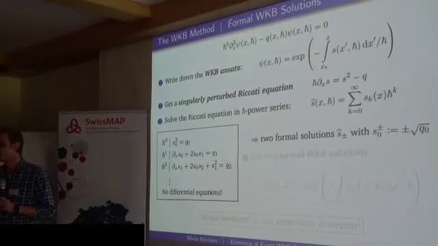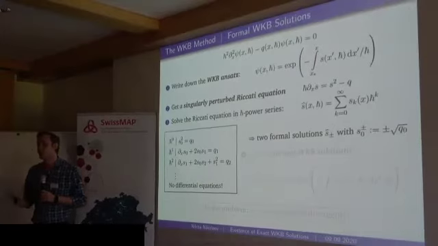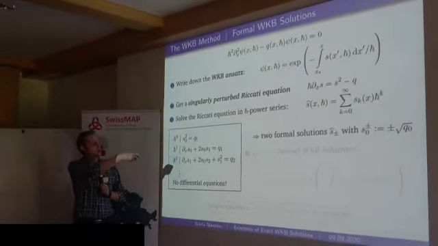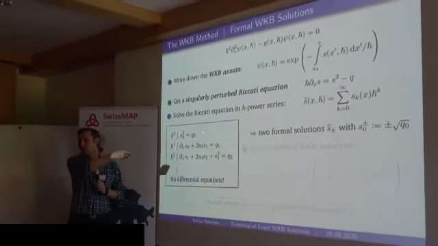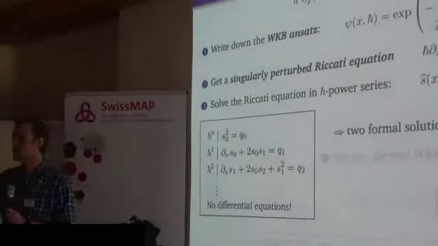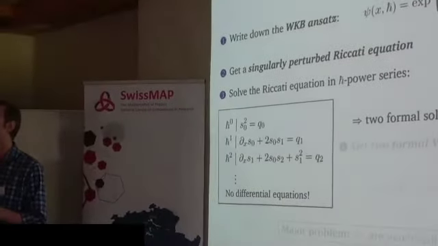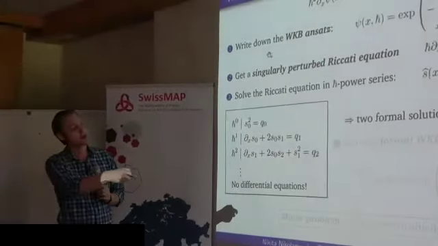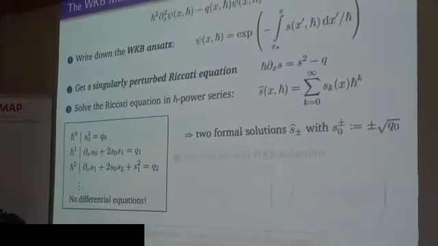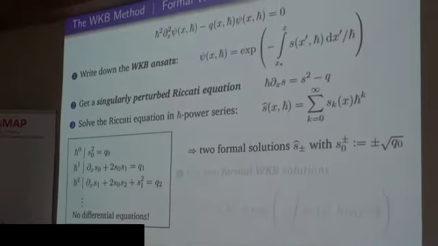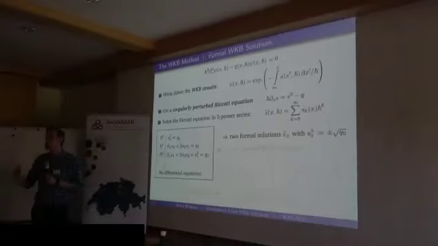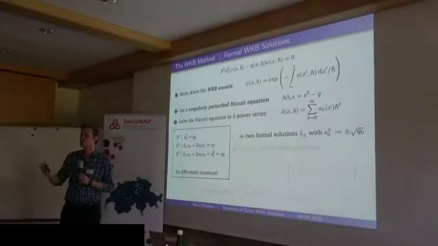So as long as I stay away from turning points, as soon as I choose a solution of the leading order equation, this entire tower just collapses. I get a solution for each level. In other words, I can solve for a power series solution S hat. There are two of them, depending on which leading order solution I pick, S hat plus and minus, and they give me two formal power series in h bar solutions with coefficients which depend on x.